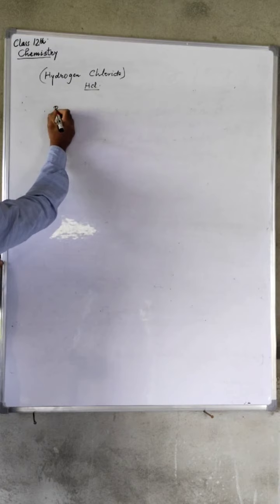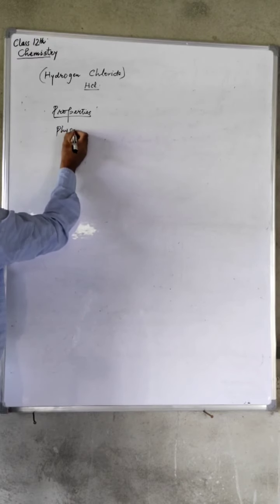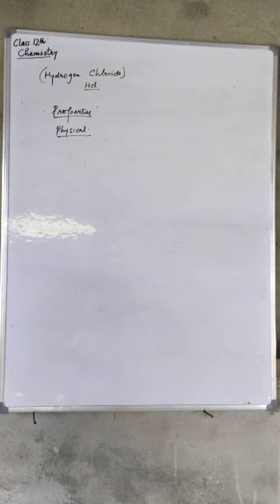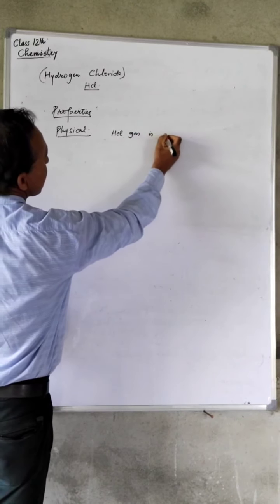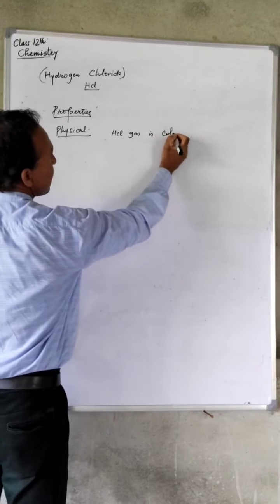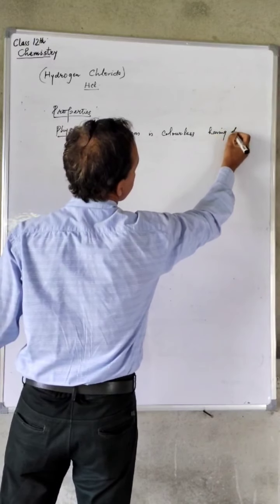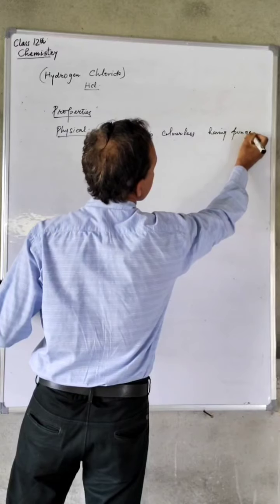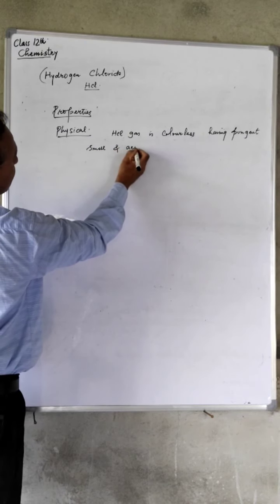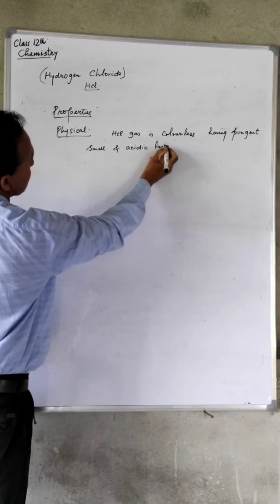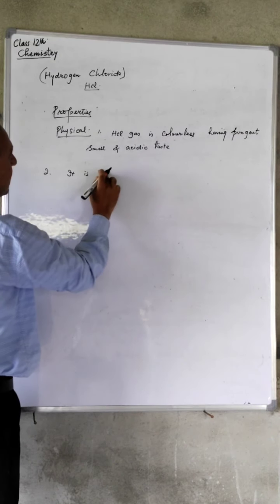The properties, first physical. In physical properties, HCl gas is colorless, having a pungent smell and acidic taste. It is heavier than air.